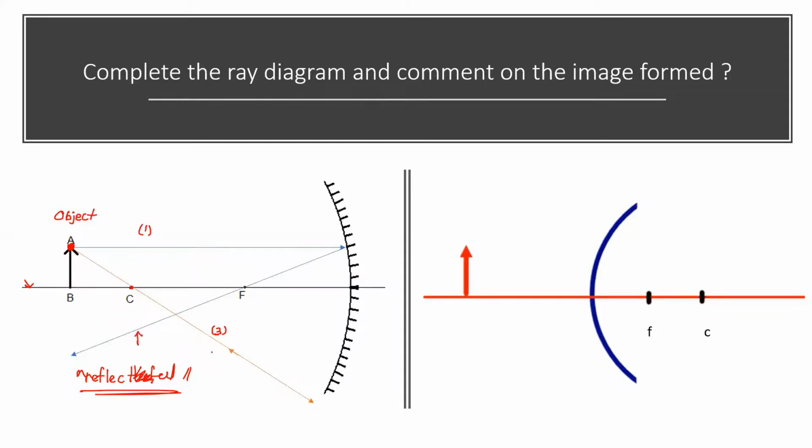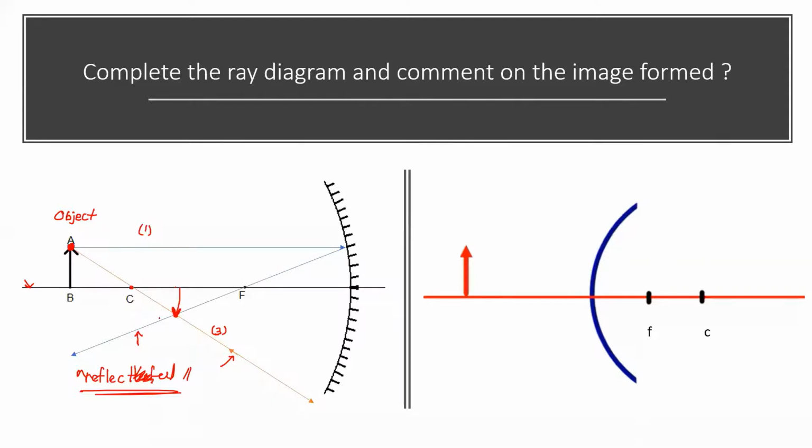This is a reflected line. This is a reflected line. So this is the point they intersect, right? So that is where your image is. So we drew rays for this A point. That means the top part of your arrow will be here, like this.